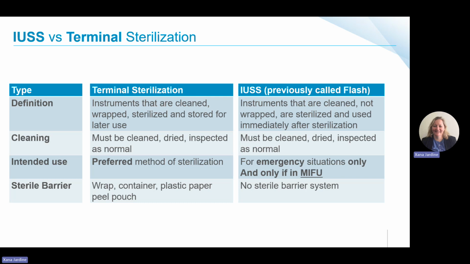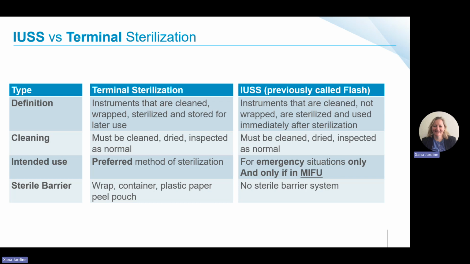And washing it in the corner, in the anteroom, with a bit of heavy scrub or whatever soap you can find is not the correct process. It needs to be cleaned properly, correctly, as it would normally be in the CSSD with the correct type of detergent. It needs to be dried. It needs to be inspected.